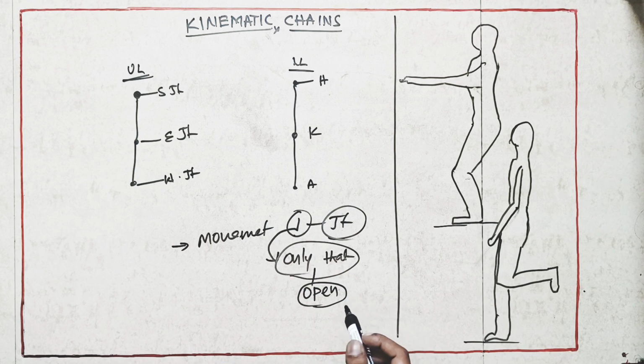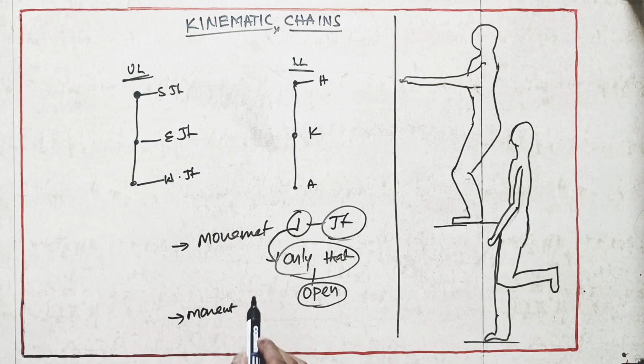Suppose we are doing one movement at the knee joint, and this knee joint movement is creating movement in the hip joint and ankle joint. Then we will call it a closed movement. Why these names?